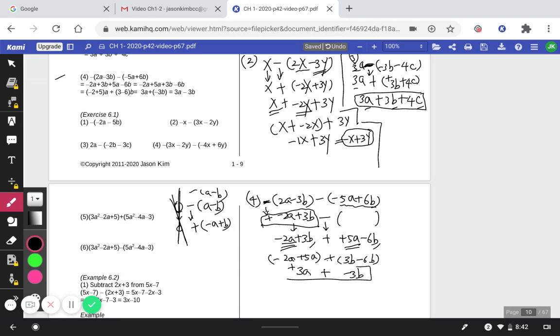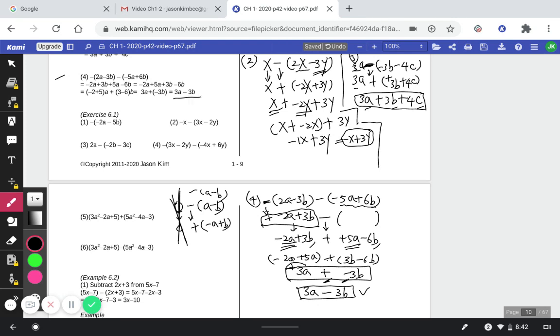So you end up with positive 3a plus negative 3b, and they are not like terms, so you cannot combine them, but you have an operator and a negative sign. So plus operator with negative sign turns into minus. So your final answer is 3a minus 3b. Is it wrong if you have 3a plus negative 3b? No, it's not, but this is a better answer.